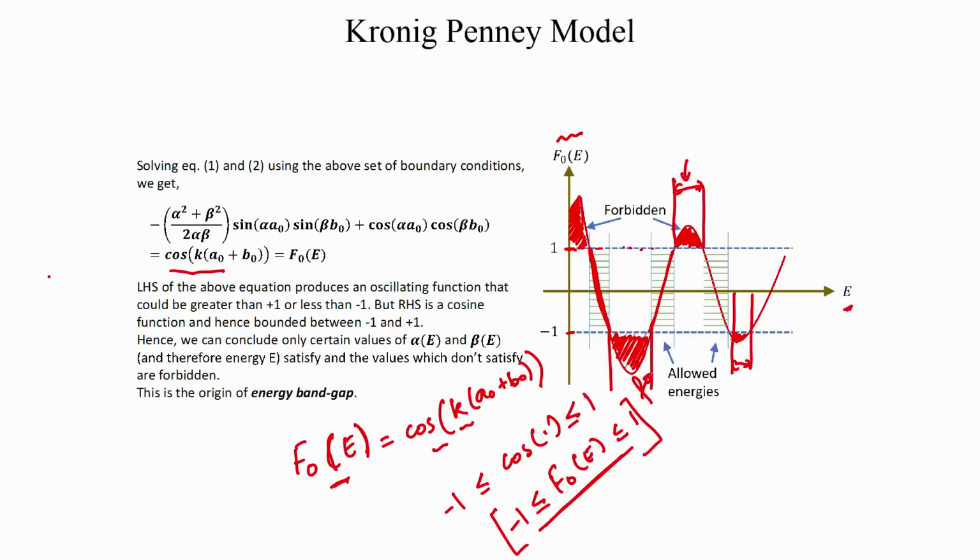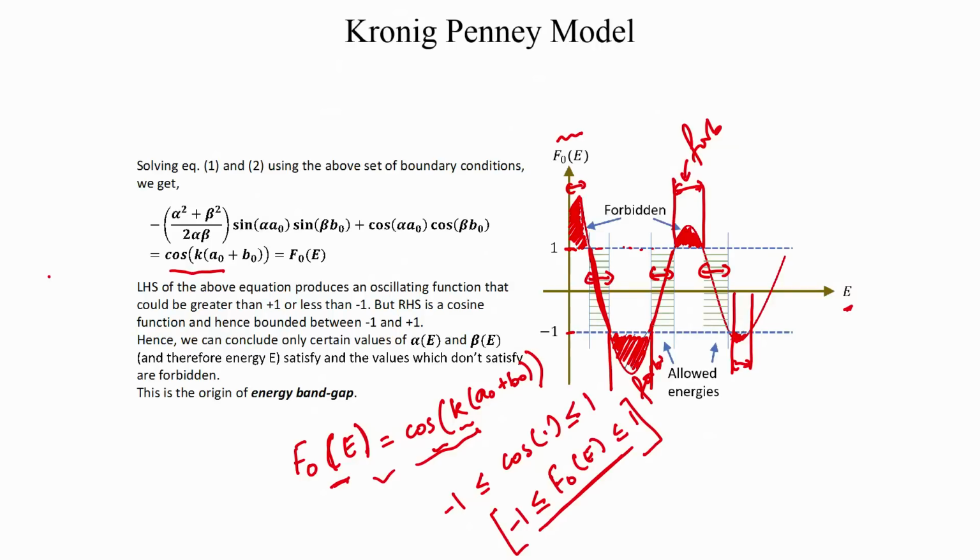So, these energies are all forbidden, and the electrons are only allowed to take these energies where f naught of e stays within these bounds. So, we see that from a very simple mathematical relation, we see the enforcement of the discretization, or the presence of energy gaps, occurring in a linear arrangement of atoms.